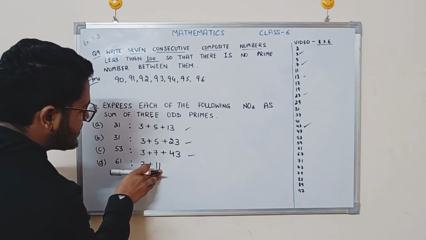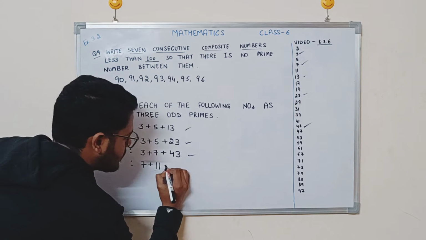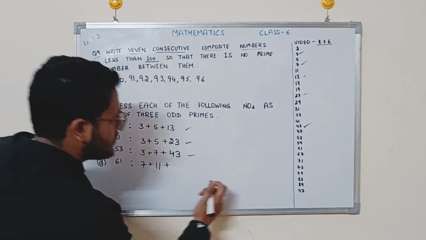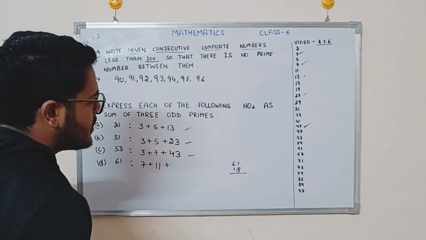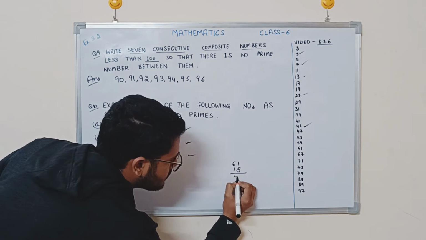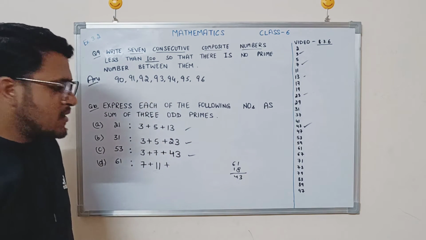So 11 plus 7 is 18. So 61 minus 18, what will it be? 43, right?